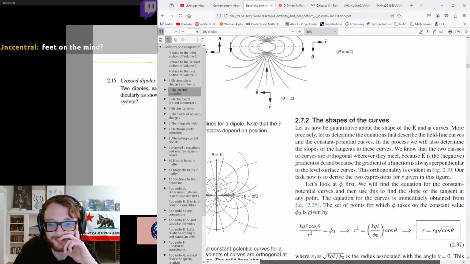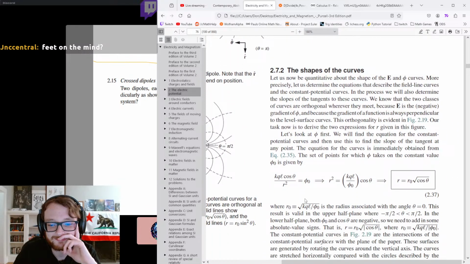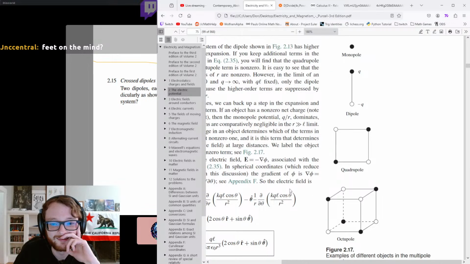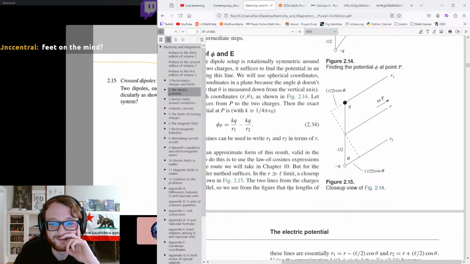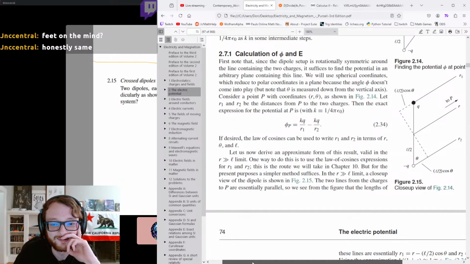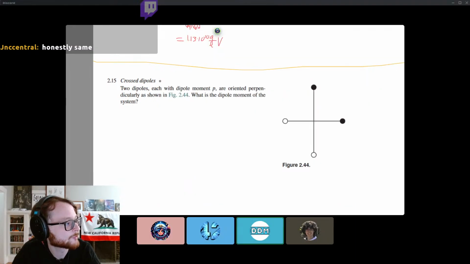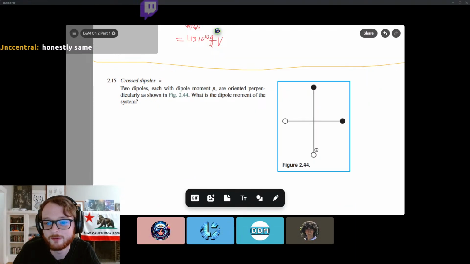Always central. Okay, I mean, I wonder if there's a shortcut here that I'm missing.